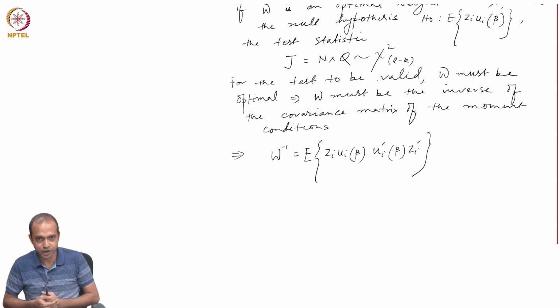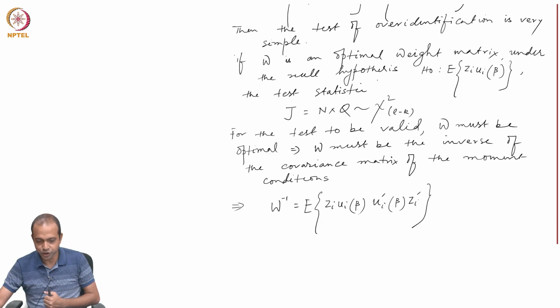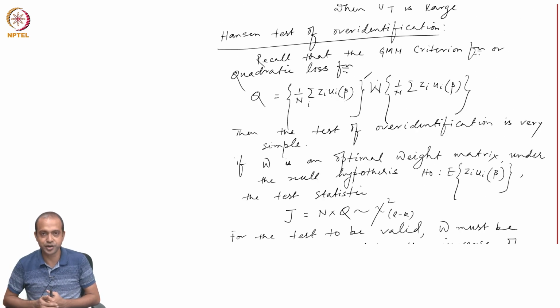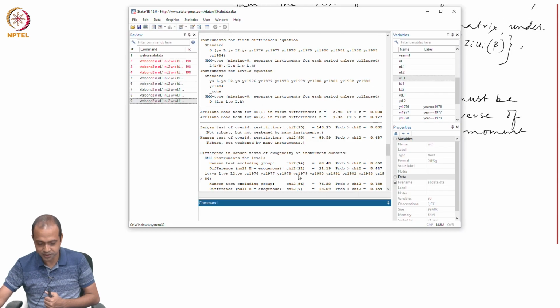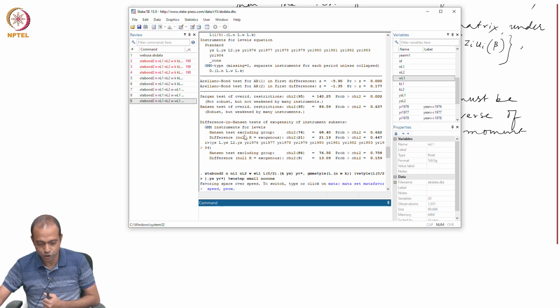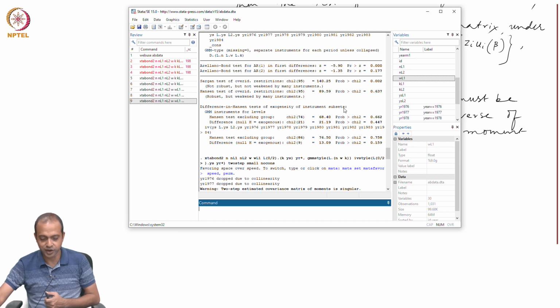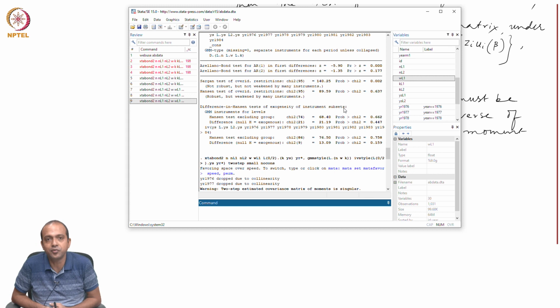Okay, quadratic loss function. And what is the quadratic loss function? This is my quadratic loss function. And then the advantage of this Hansen test is that in almost all the cases, Hansen test is saying that over identifying restrictions are basically valid.